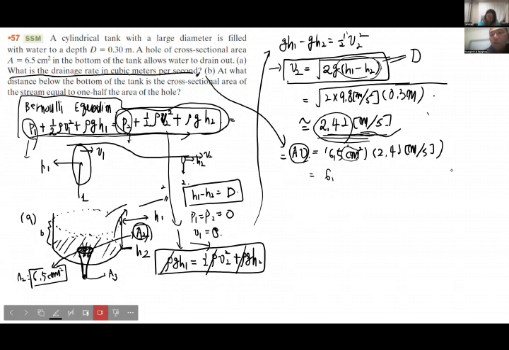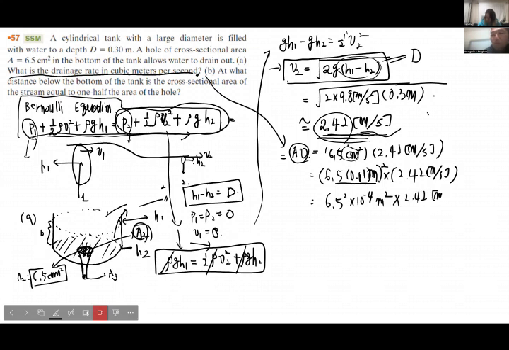So 1 centimeter is 1/100 meter. You plug that in, then this is 6.5 times 10 to the minus 4 meter squared times 2.42 meter per second.